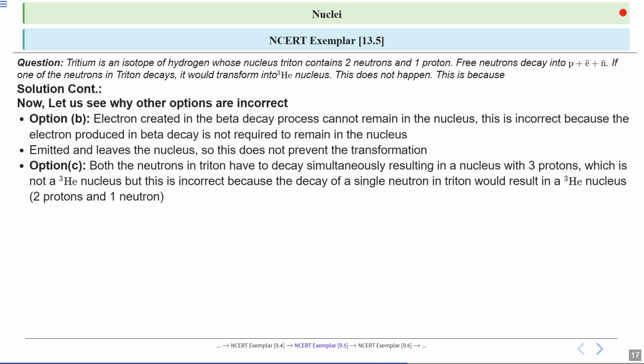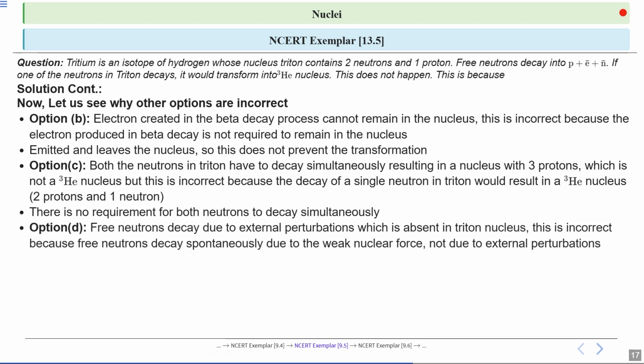Option C states that both the neutrons in triton have to decay simultaneously, resulting in a nucleus with 3 protons, which is not a helium-3 nucleus. This is incorrect because the decay of a single neutron in triton would result in a helium-3 nucleus. The decay of 1 neutron is enough to form helium-3, so both neutrons don't need to decay.